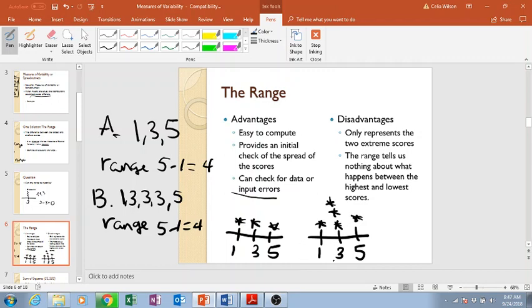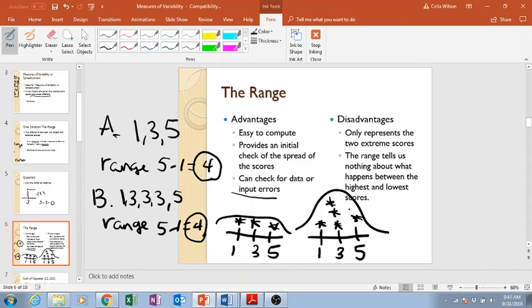Okay, so if we're talking about the spread outness of the scores, if we only looked at the range, we're going to be led to believe that these 2 sets of scores are equally spread out, are equally variable. But this distribution is more spread out, or has more variability than this distribution. Okay, it's because of these 3 stacked in the middle, right?